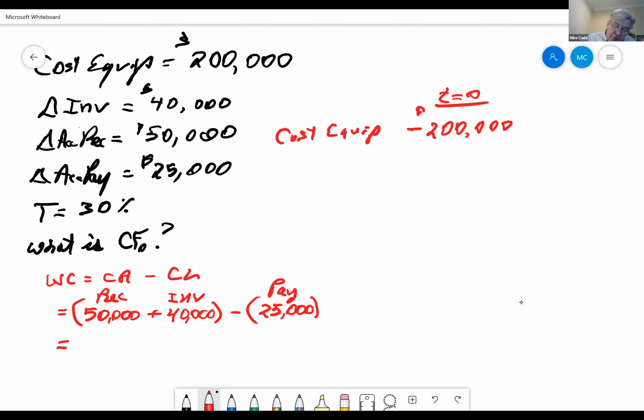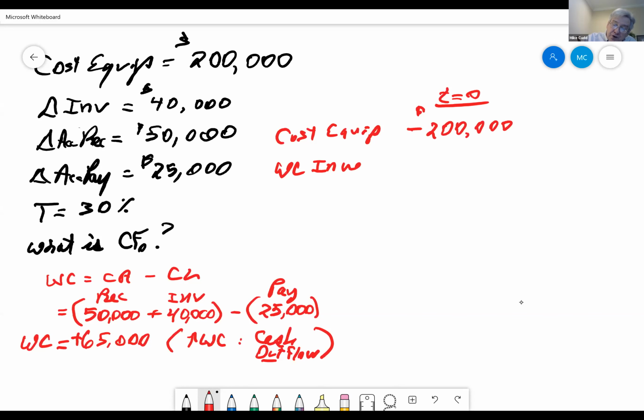So that works out to a working capital increase of 65,000, but an increase in working capital is a cash outflow. So another thing we would have at time zero is a working capital investment of 65,000.